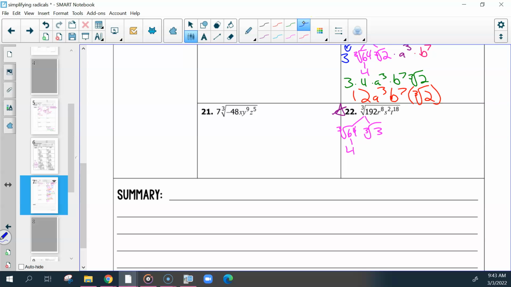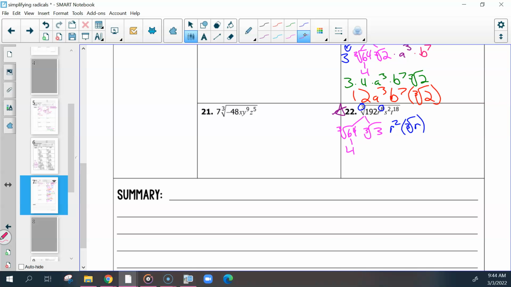Now we can look at our variables. 3 goes into 8 how many times? Twice. So that would be r squared. How many would be left over? 2. Does 3 go into 2?